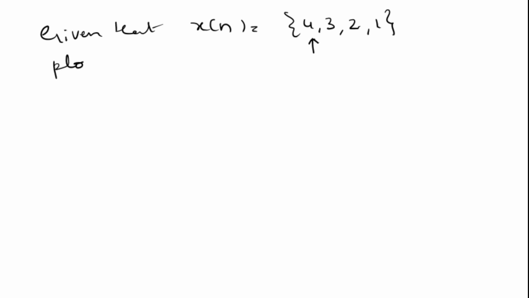It is given that x of n is equal to 4, 3, 2, 1. Plot the following on the circular scale.